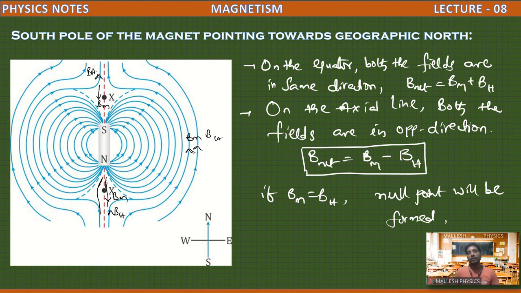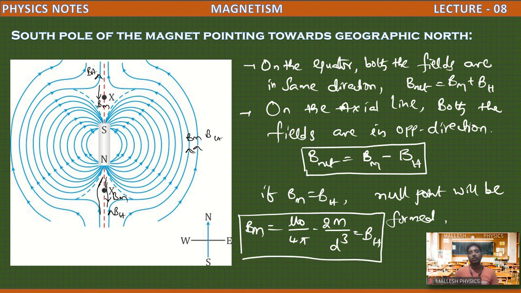So we can write BM, the magnetic field due to the bar magnet on the axial line, is mu naught by 4 pi 2m by d cube, right? So this is equal to BH. This is the formula. These are the two cases where we find the null point.